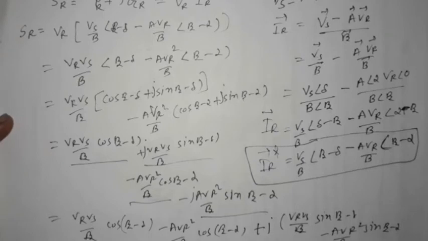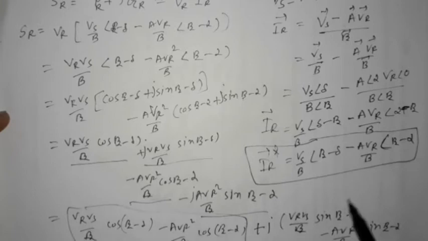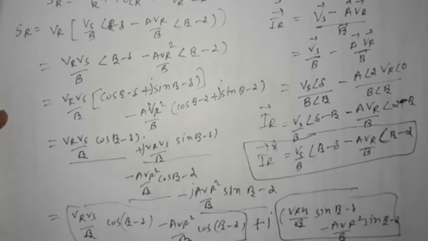Now in this equation, cos beta minus alpha and cos beta minus delta are both in real form, and the sine terms are in imaginary form. So we know that SR is equal to PR plus jQR. So we compare these two equations, this for PR and this for QR. This is the real part, the active power equation, and this is our reactive power equation. So now we write this equation first.